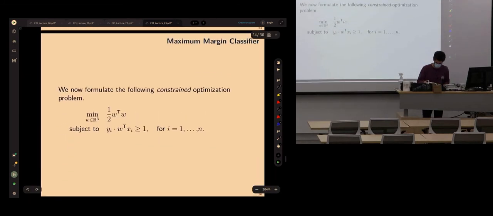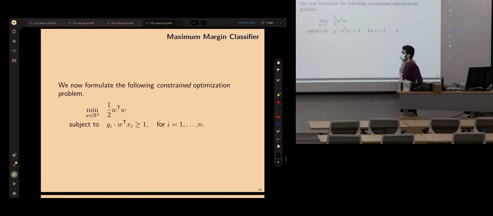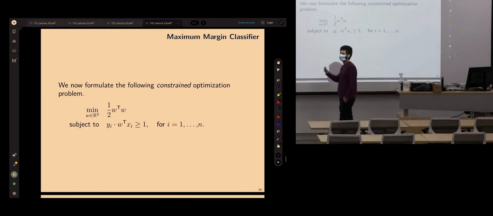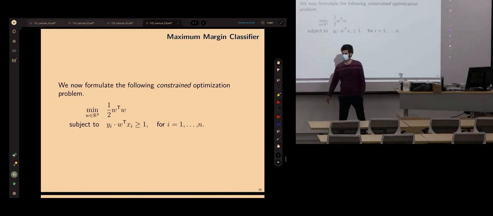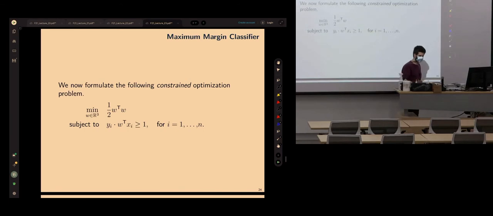All right, so from here you might have many ideas, but the simplest problem that you can formulate is to just minimize the norm of the weight vector. That's really the obvious idea, just like what we did in the minimum norm solution of least squares.